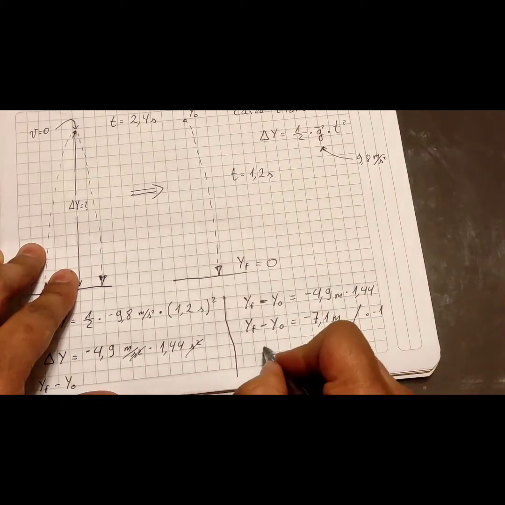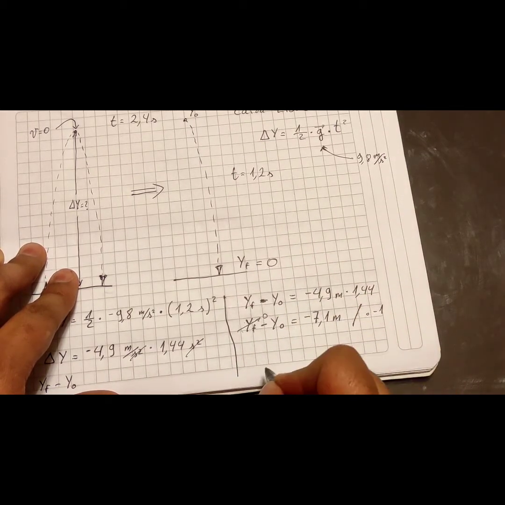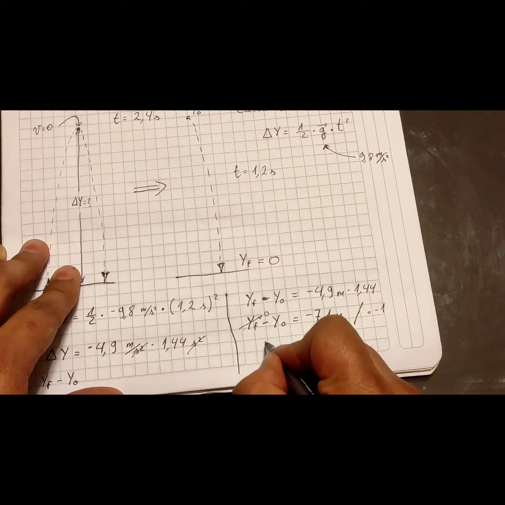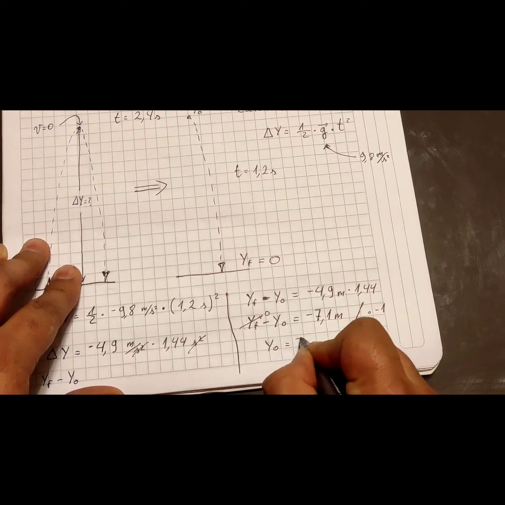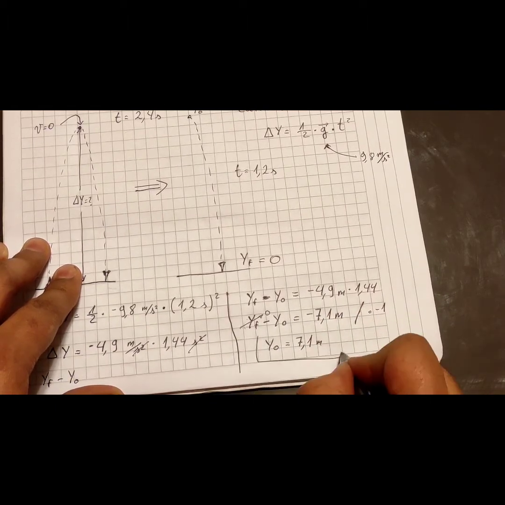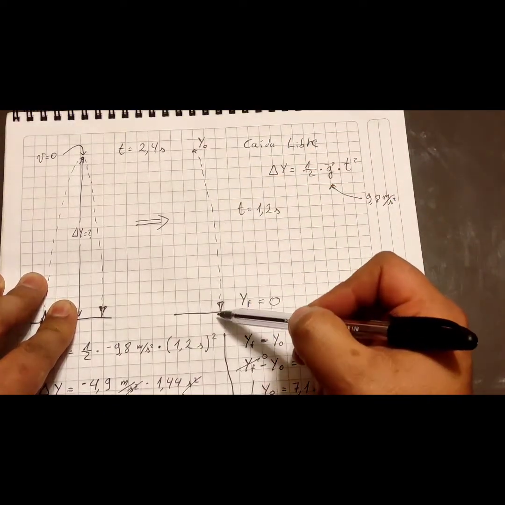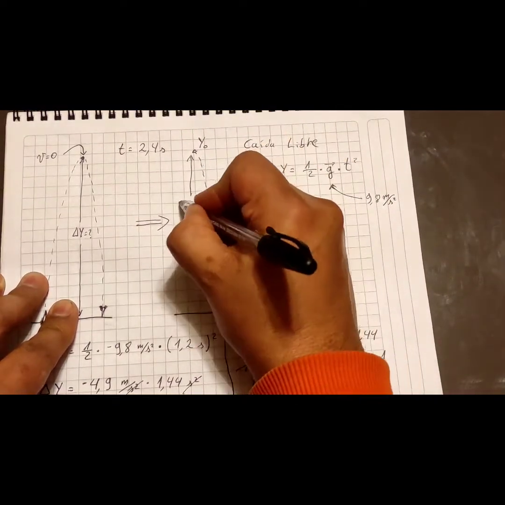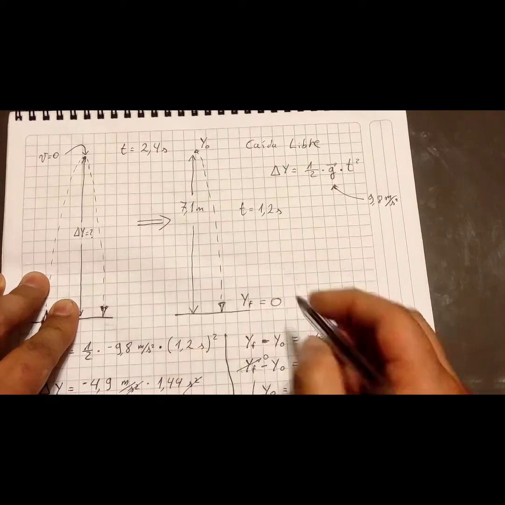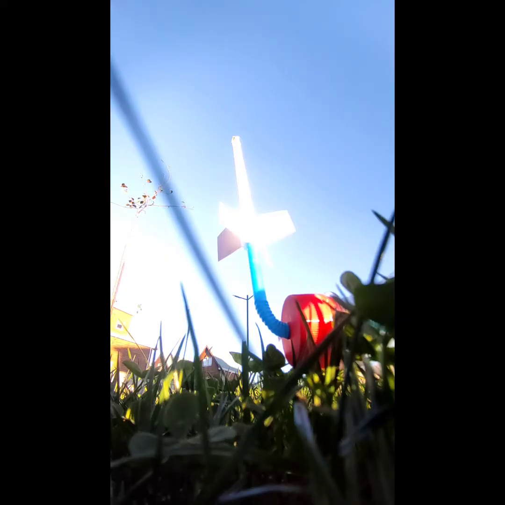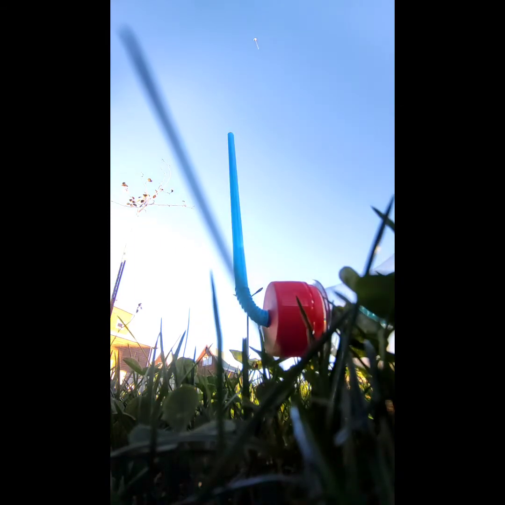But the y sub f is 0, so the y0 is equal to positive 7.1 meters. The highest point, the height, is 7.1 meters. So we are ready for more launches. Thank you.